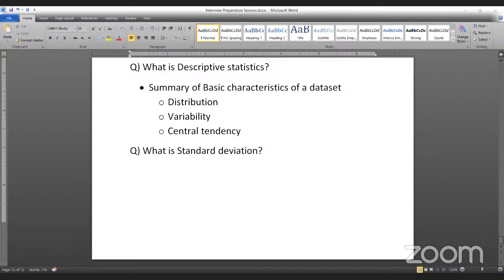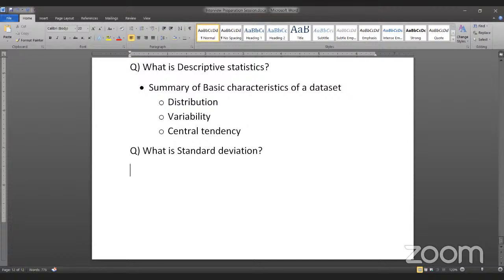The formula for standard deviation is the square root of the sum of (x minus mu) whole square, divided by n, where x is the data point, mu is the mean, and n is the sample size.